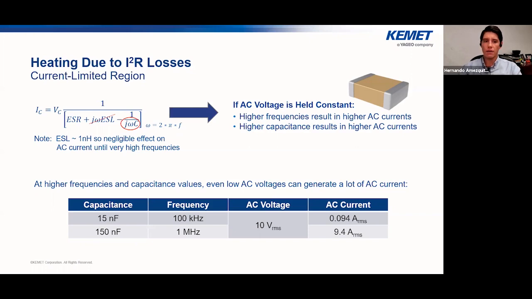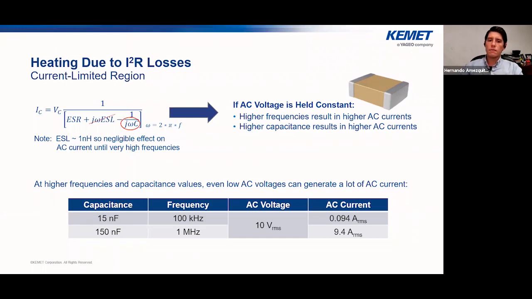In this formula, omega is 2π times the frequency. And here we have to know that in this case, the ESL has a negligible effect on the AC current because it is less than 1 nanohenry.